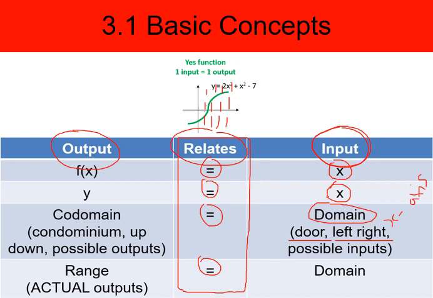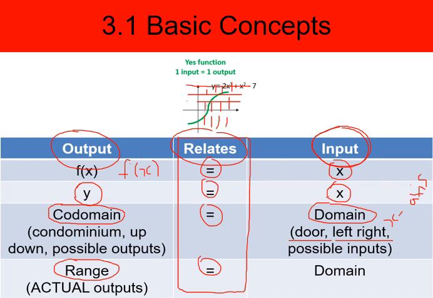Okay, let's go to the output. Output is represented by the y-axis here. Sometimes we call it f(x). Sometimes, the same thing, we call it y only. Sometimes we call it codomain, and then sometimes we just call it range. It brings the same thing, that is, it is the output.